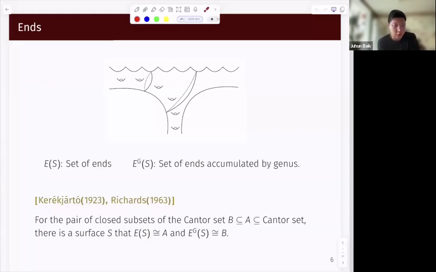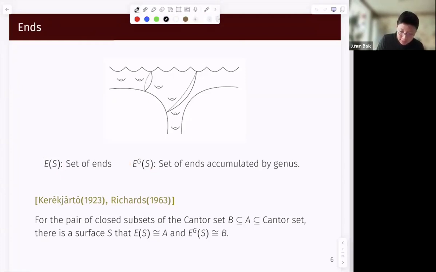Punctures are also ends, and if such a sequence always contains genus, then it is called an end accumulated by genus. We collect all the ends in the set E, and E_G is the set of ends accumulated by genus.